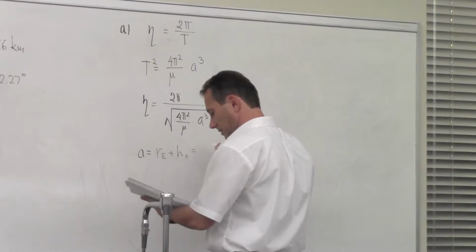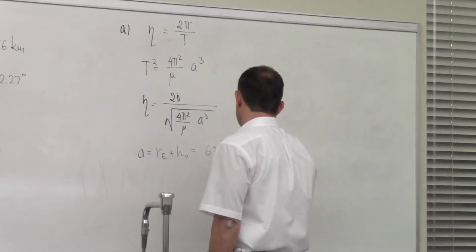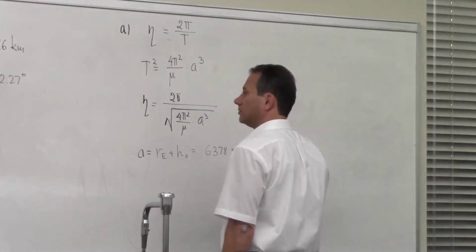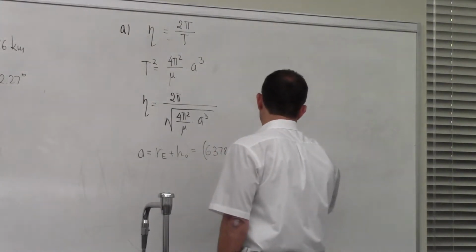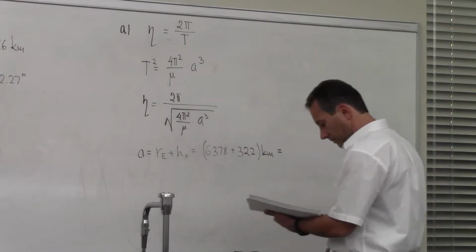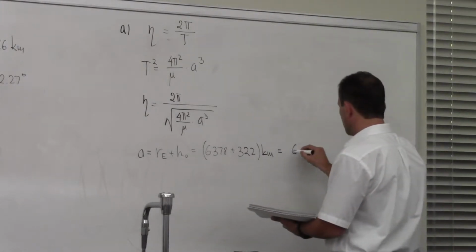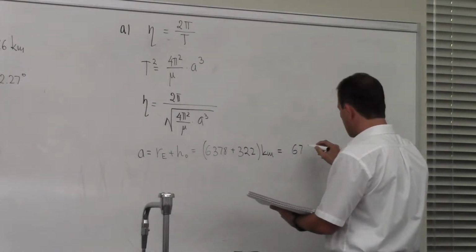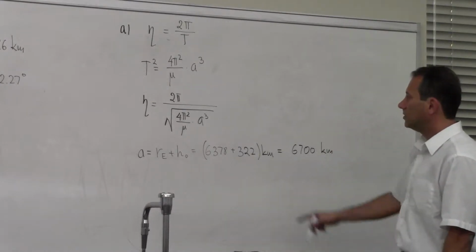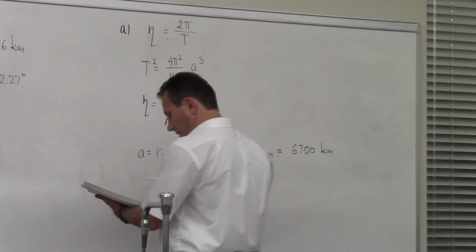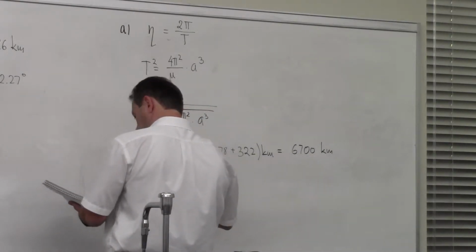In this case, it's 6,378 plus the height of the orbit, which is 322, everything in kilometers, which gives me the semi-major axis or radius of 6,700 kilometers.